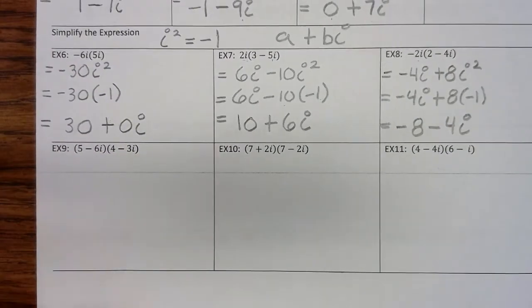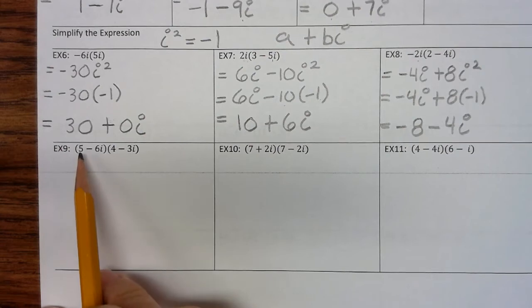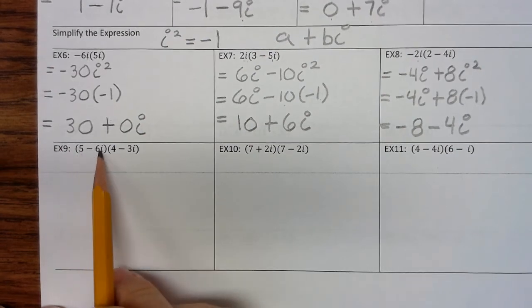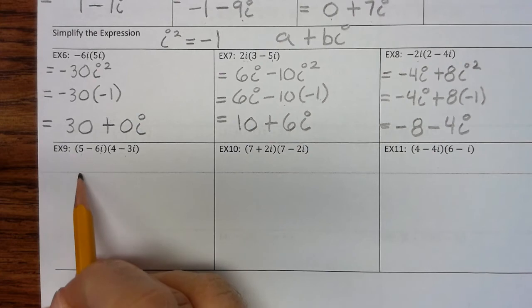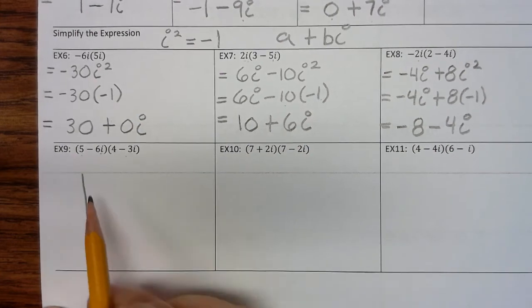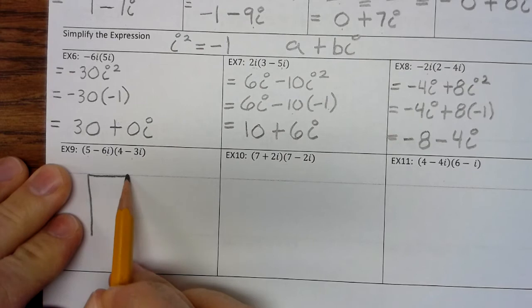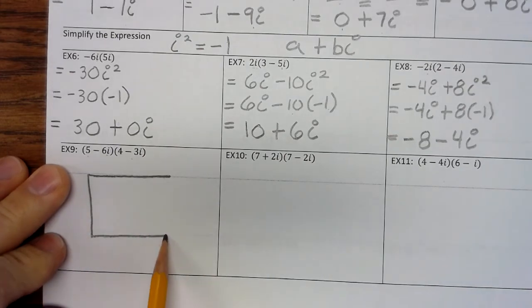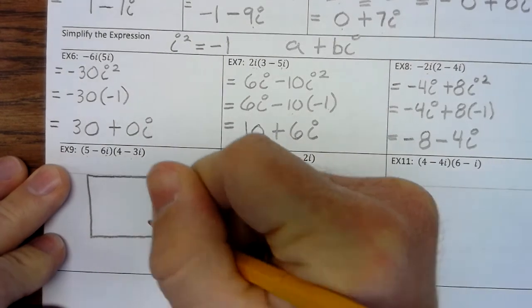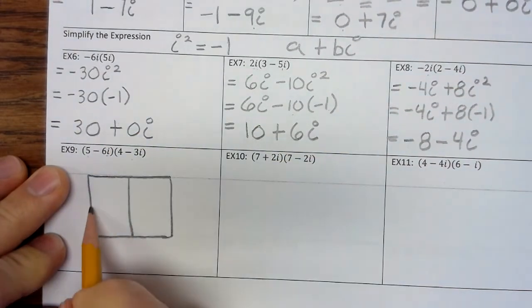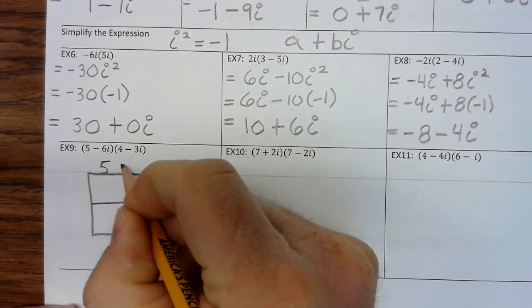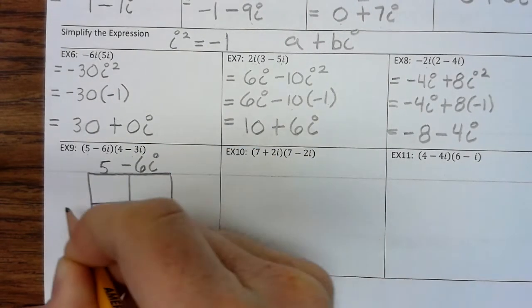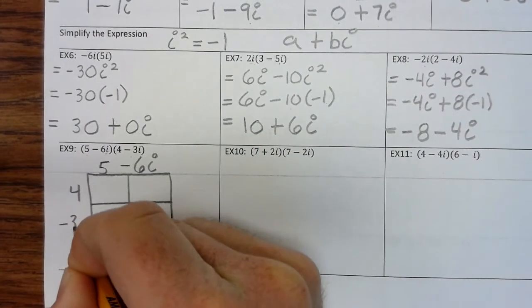All right, example 9. Now here you're multiplying 2 binomials. So it really just comes down to just like you did before with the box method. So then that's 5 minus 6i times 4 minus 3i.